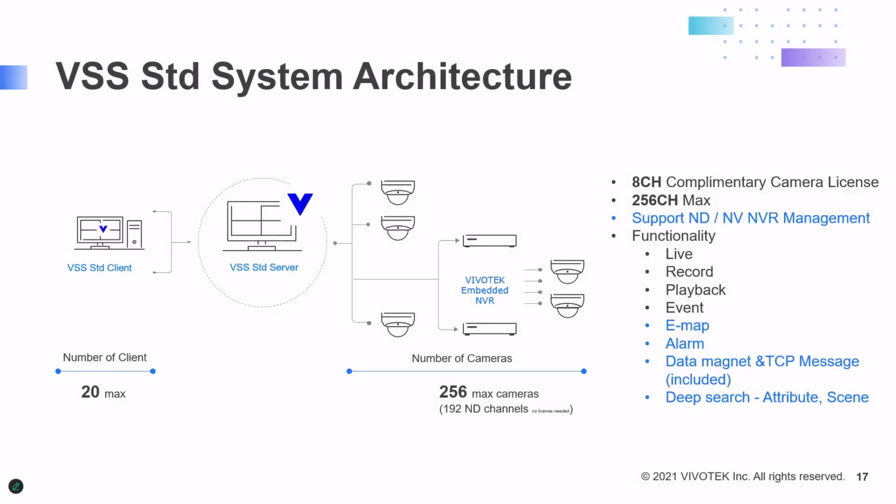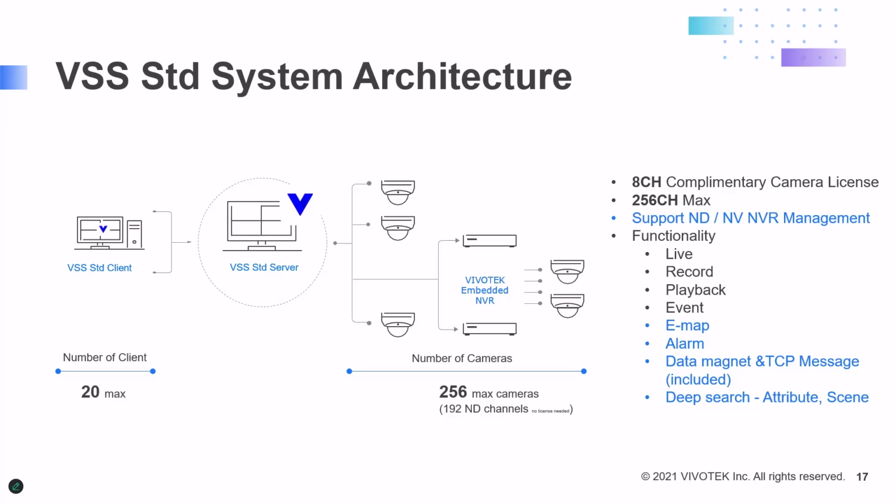With the standard system, you're going to receive 8 complimentary camera licenses, and it's going to support up to 256 channels max. This edition is going to support your ND and NV NVRs, and we can handle up to 192 channels at no additional cost, so no additional licenses are necessary. However, licenses are available for cameras that are connected to ND and NV NVRs above the 192 channel max for a 256 channel limit.